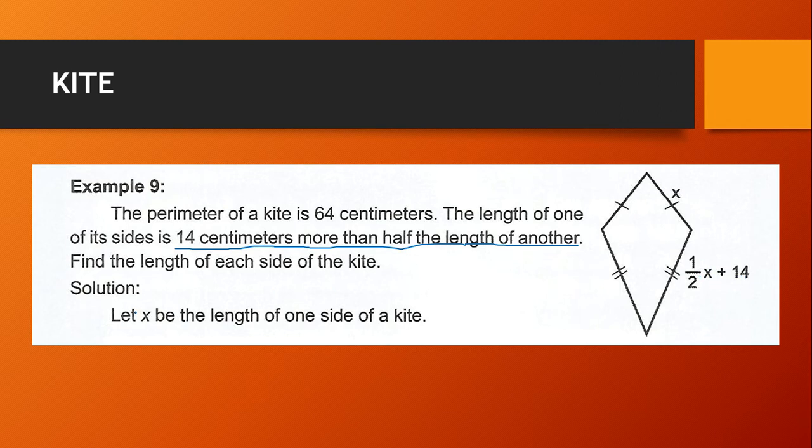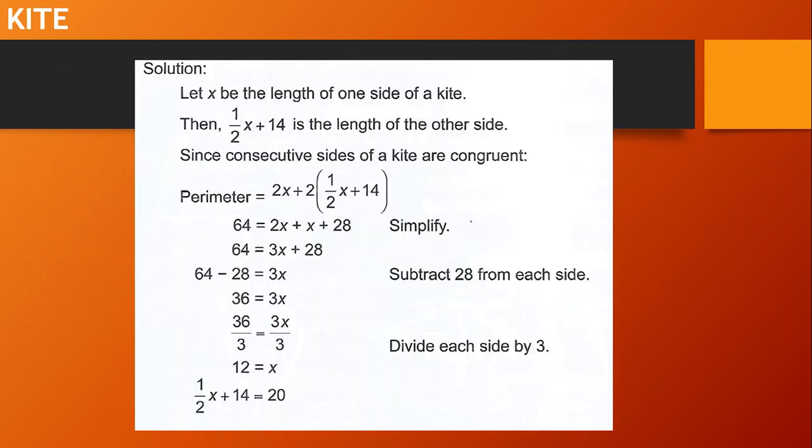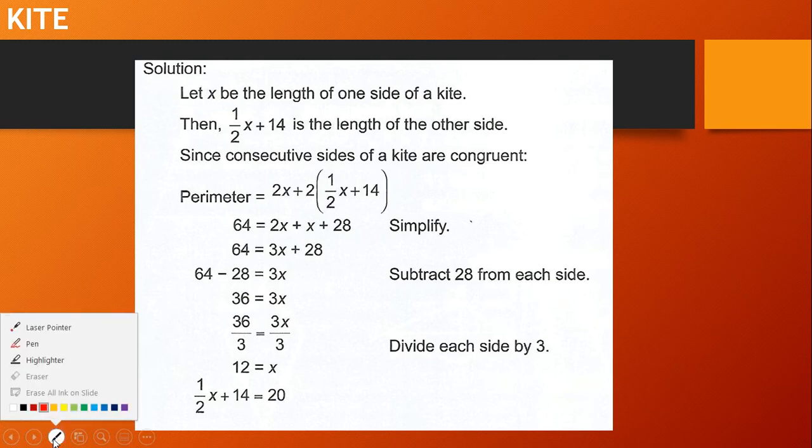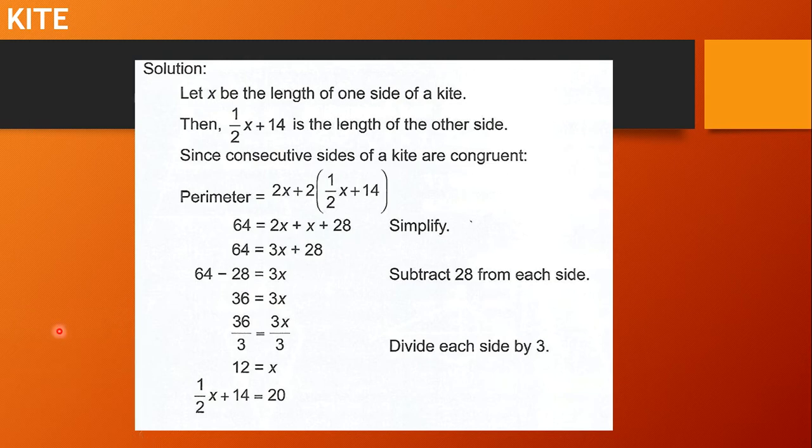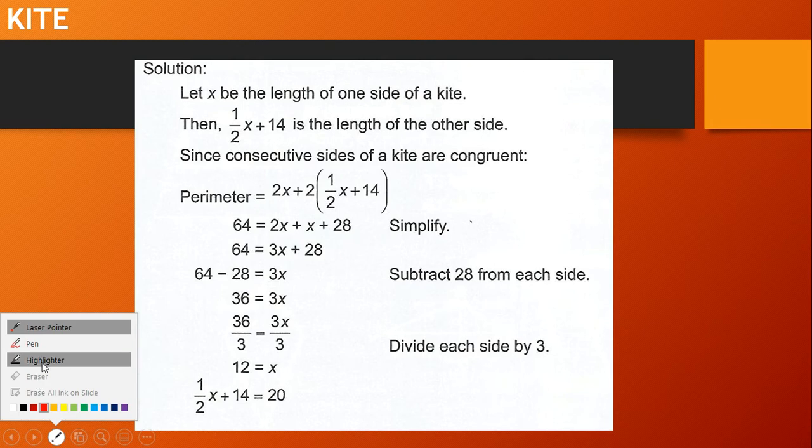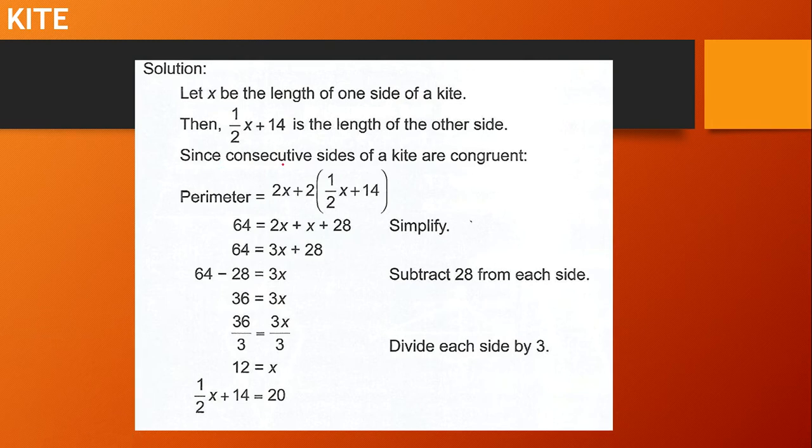For the solution, let x be the length of one side of a kite. So let's go back: let x be the length of one side of a kite. Then 1/2 x plus 14 is the length of the other side. Since consecutive sides of a kite are congruent, the perimeter will be 2x plus 2 times 1/2 x plus 14.